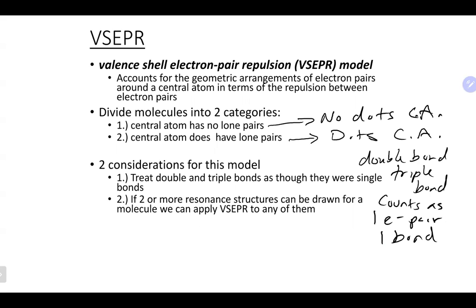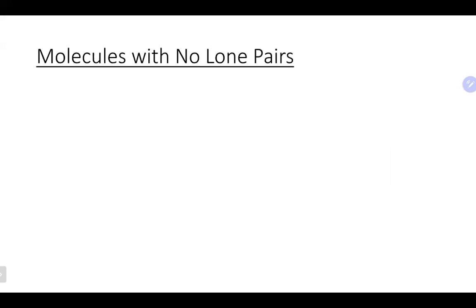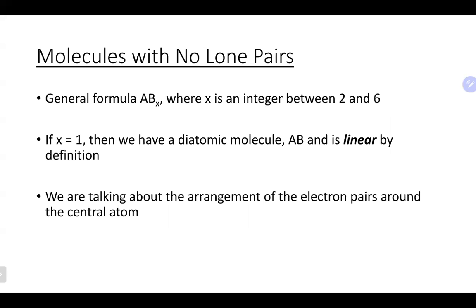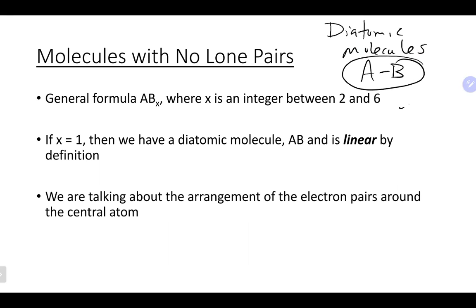All right, so let's take a look at some of these geometries here and how we could go about figuring them out. Let's start with the simplest geometry you could have, frankly, which is a diatomic molecule. That means there's only two atoms involved. No matter what two atoms they are, the geometry is always going to be linear.